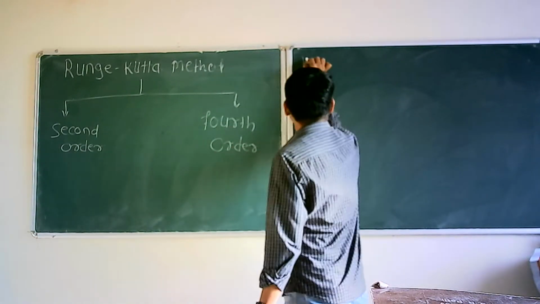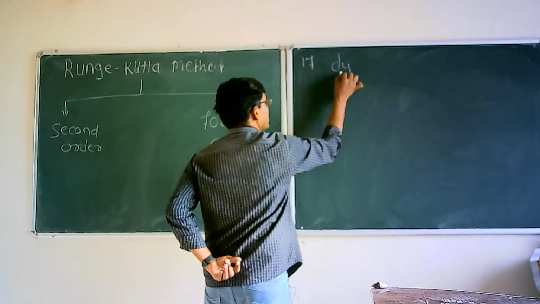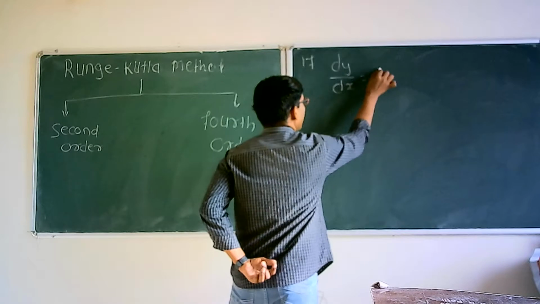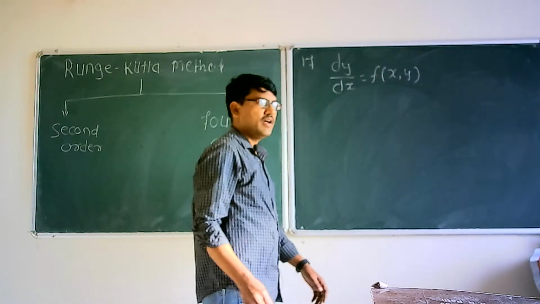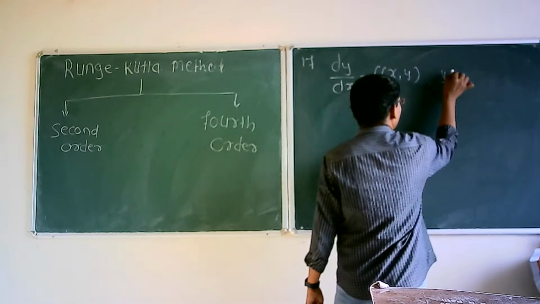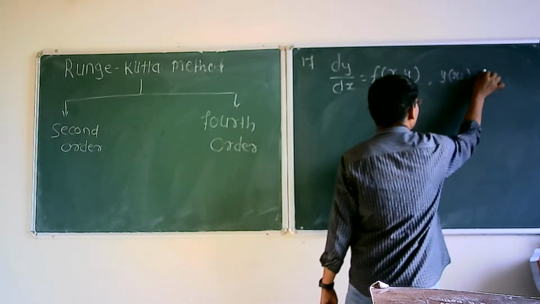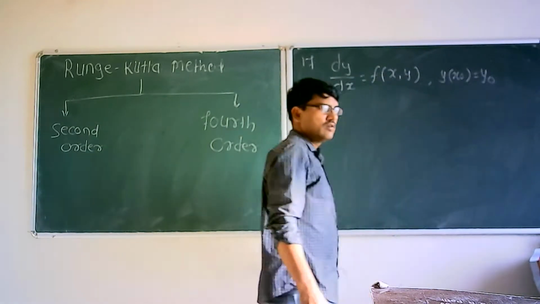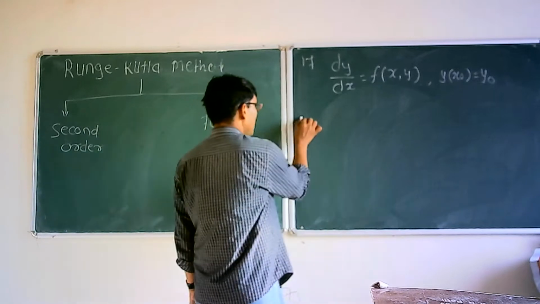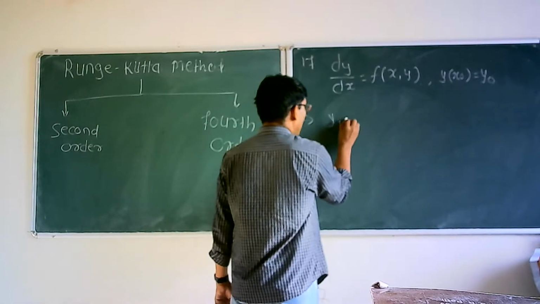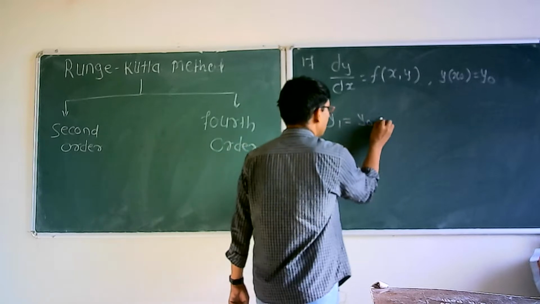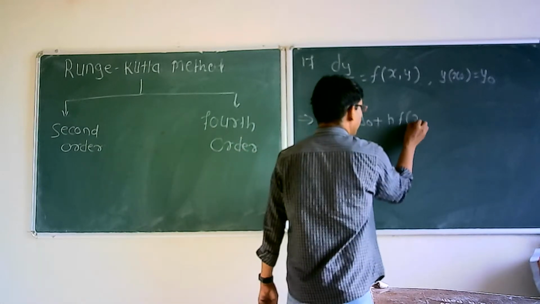So, if dy by dx is equal to f of x, y is the given differential equation having initial condition y of x0 is equal to y0, then by using Euler series formula we can find y1 is equal to y0 plus h f of x0 y0.